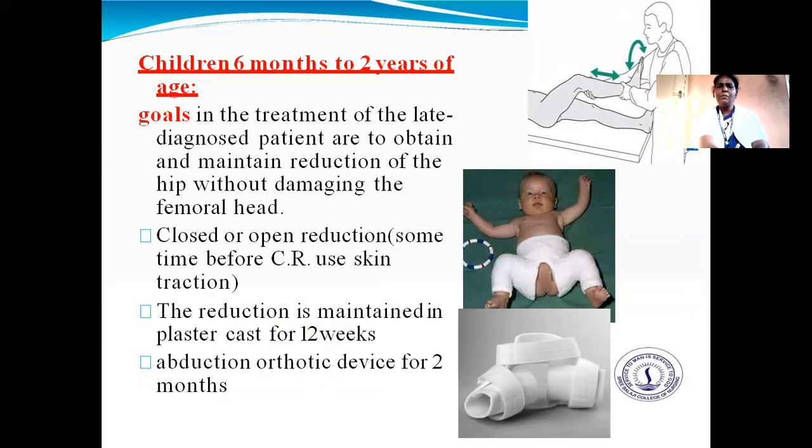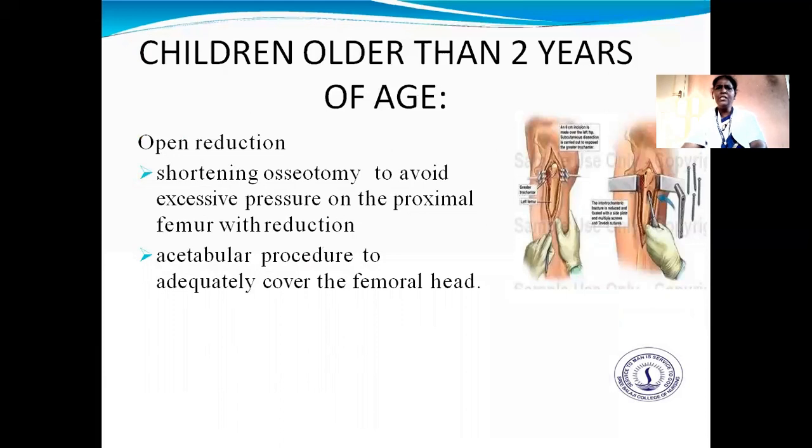Sometimes before closed reduction, we use skin traction. Then the reduction is maintained in a plaster cast for 12 weeks, then abduction orthotic device for 2 months. Then for children older than 2 years, open reduction with shortening osteotomy to avoid excessive pressure on the proximal femur, then acetabular procedure to adequately cover the femoral head.